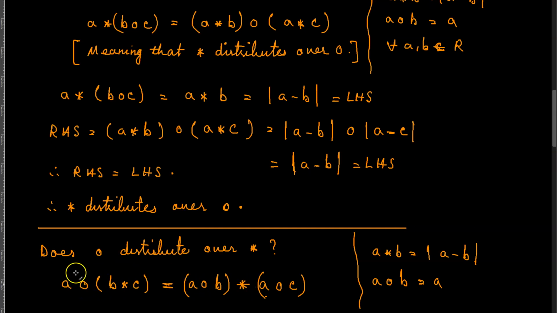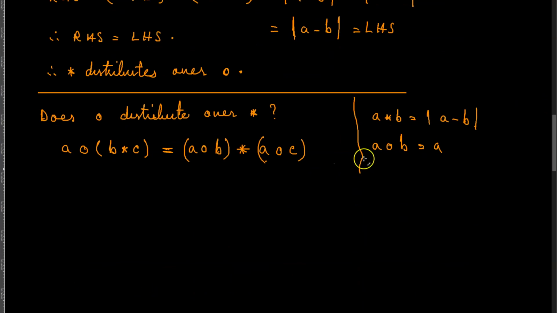So the left hand side, the LHS here, is a o (b star c), and you can simply write this as a. It doesn't matter what this is, as long as you have a o b, that is equal to a.